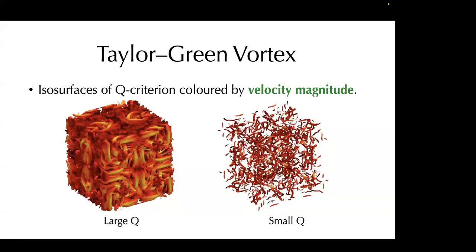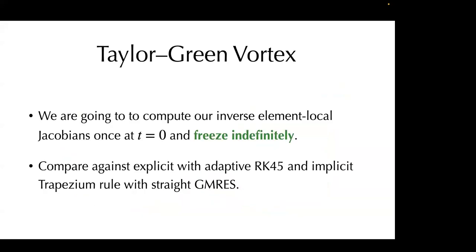Now, what we're going to do here is try and solve this Taylor-Green vortex problem implicitly using block Jacobi preconditioning. But we're going to compute our element local Jacobians once at t equals 0, and we're going to freeze these Jacobians indefinitely.